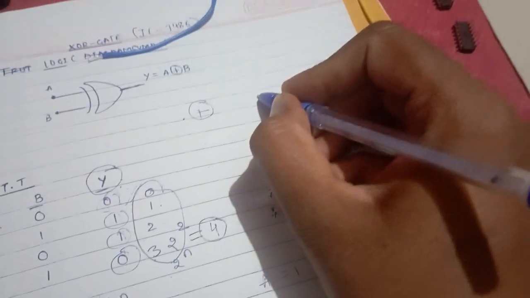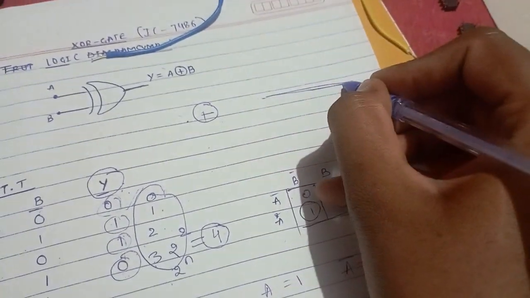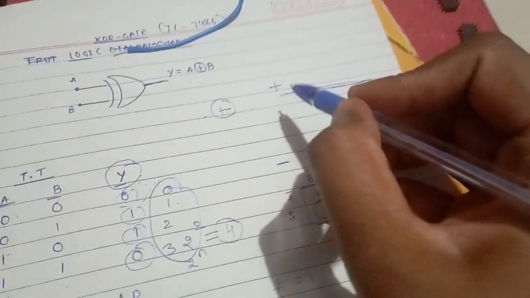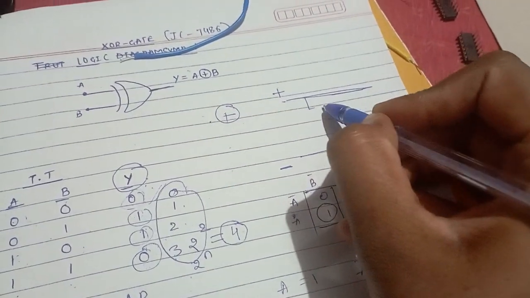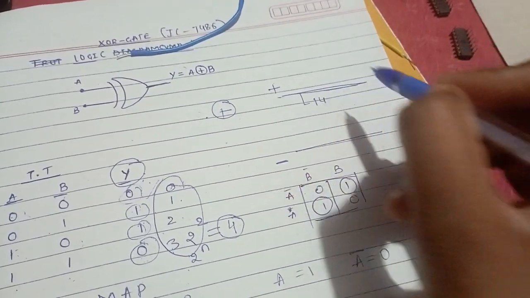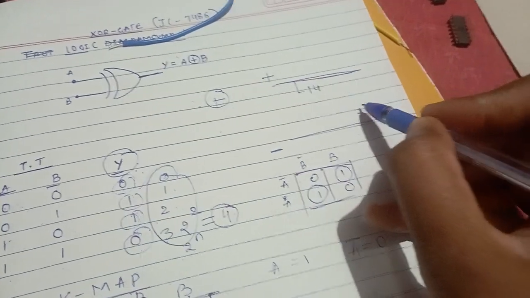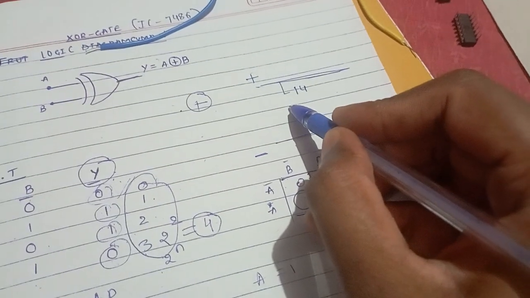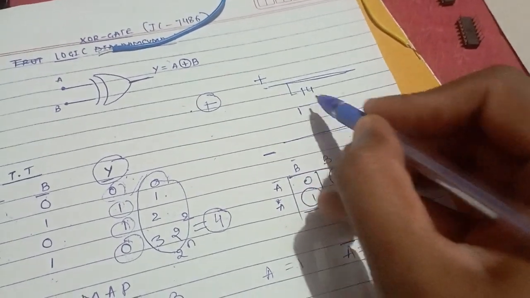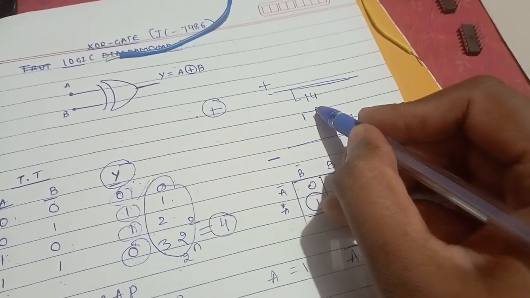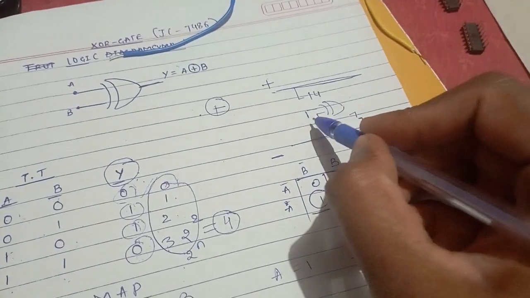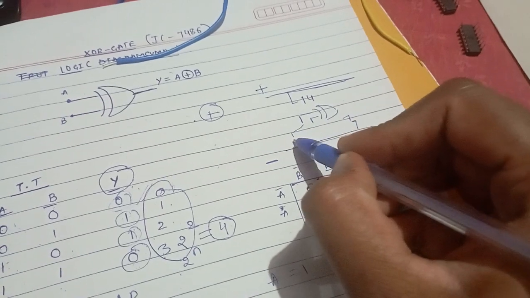To clarify the connection with more clarity, I am going to show it on paper. I have given 2 lines, this one is for positive and this is ground, and I have connected here the 14th pin, and here the 7th pin of the IC. One gate of the IC I have used, that is the XOR gate of the IC, and this is the first pin.